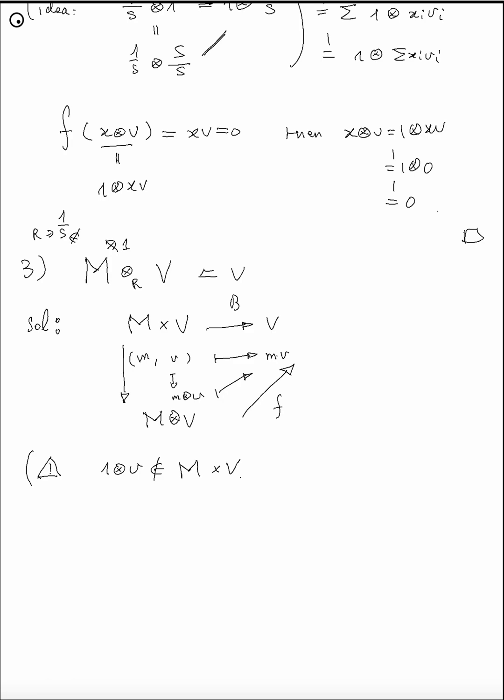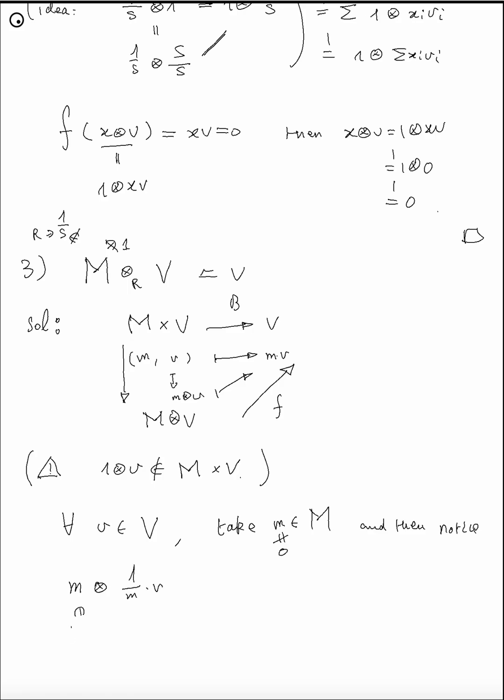But still, for any small w in W, notice that although 1 is not there, take whatever small m non-zero there, and then notice we have m tensor 1 over m times w.